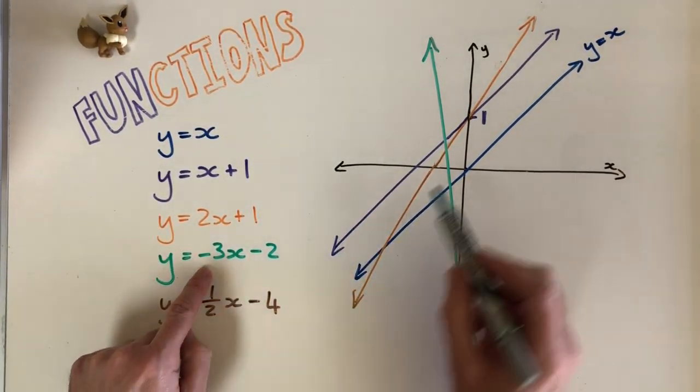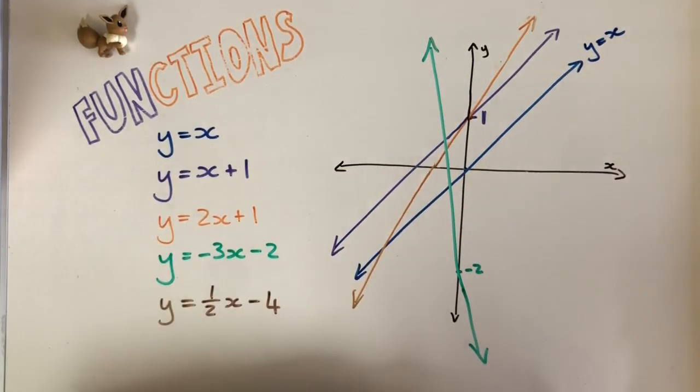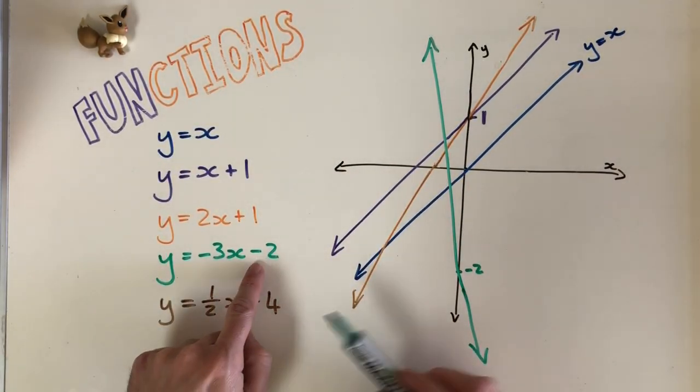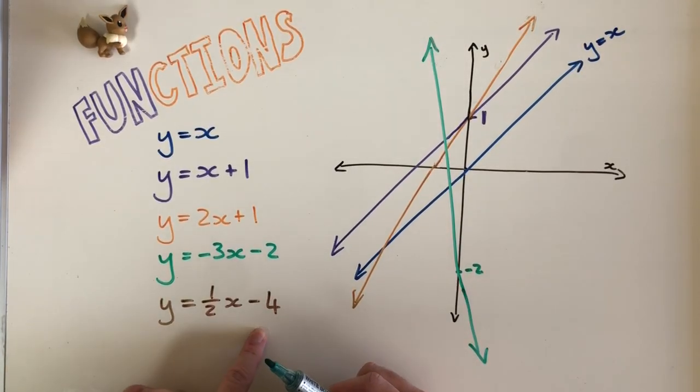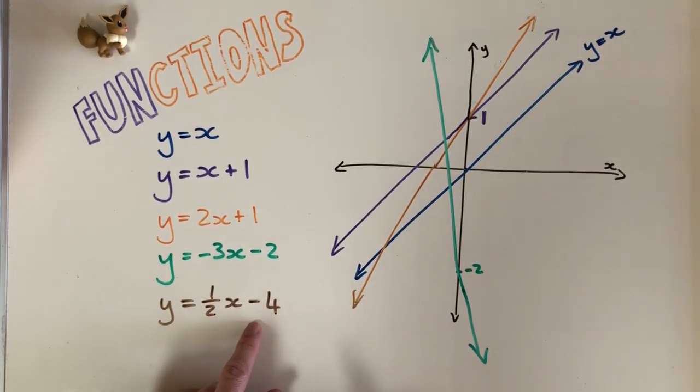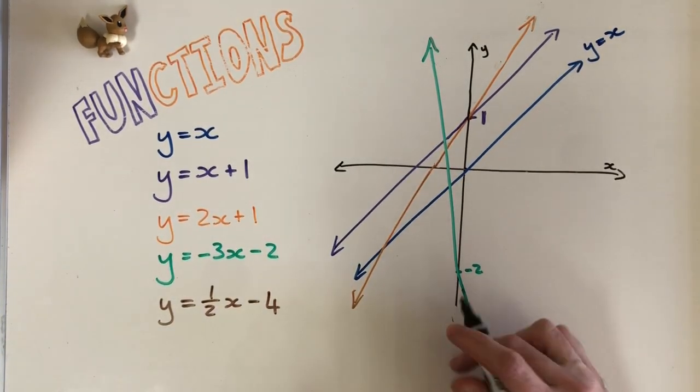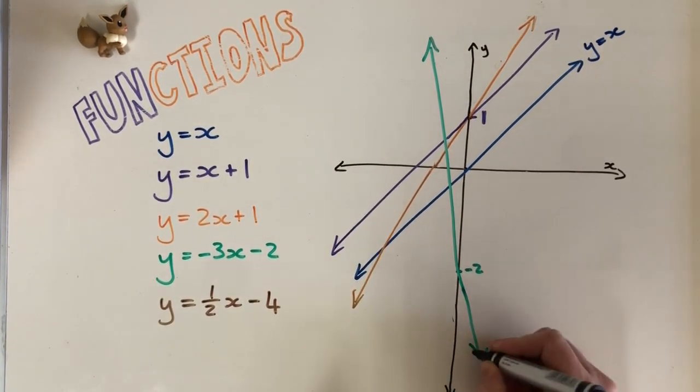I know it's a negative gradient because it's going down that way. And it also goes through the point negative 4. Now I see a problem with this one. I need negative 4, but because it's a rough draft, where's my brown? Let's see, how much space do I have? I'll extend this a bit. Obviously I have to go through negative 4.